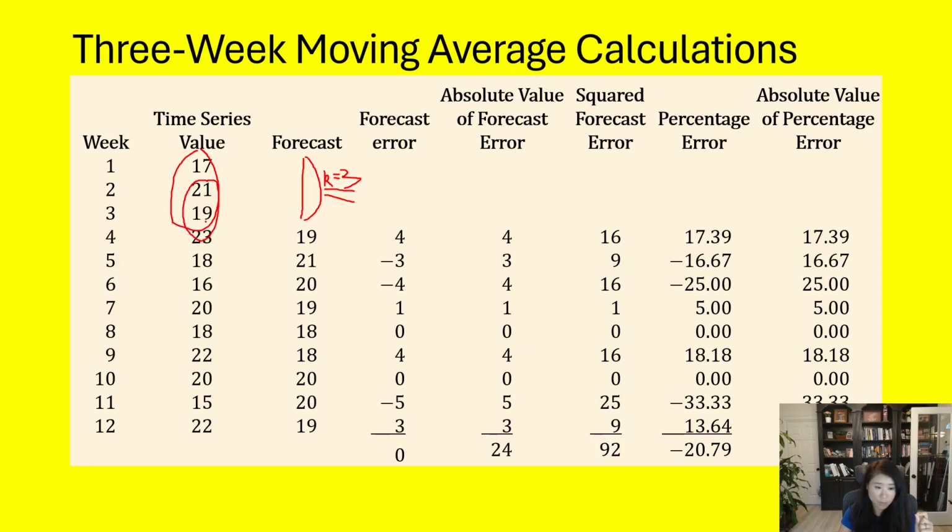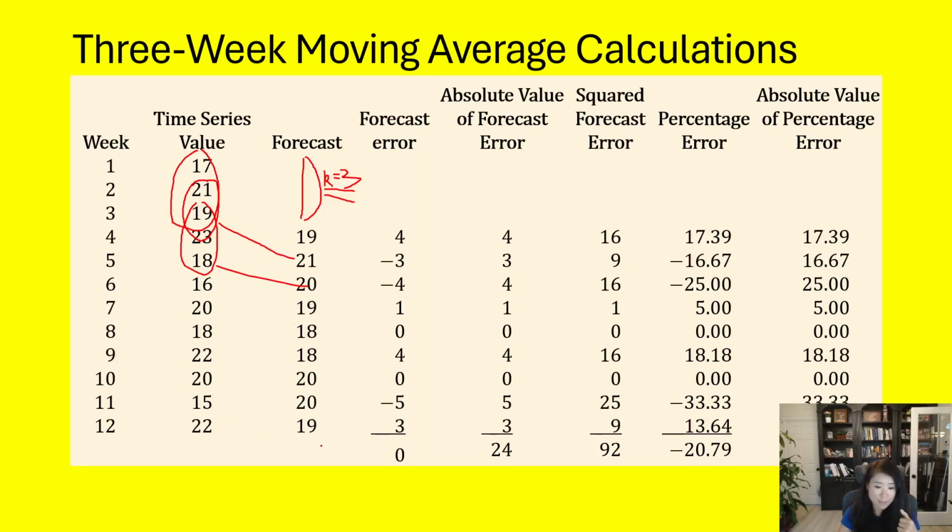I'm using 21, 19, and 23, and calculating the average, that's how I got 21. And then I shift again to 19, 23, and 18, weeks 3, 4 and 5, using those values to forecast the week 6 value, 20. Okay, so that is how those forecasts were received.